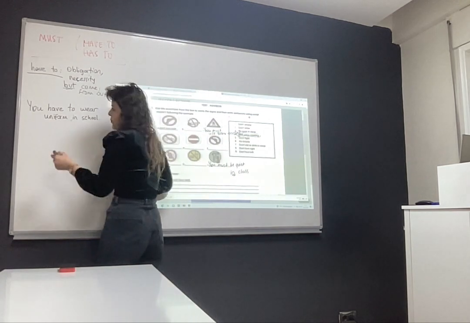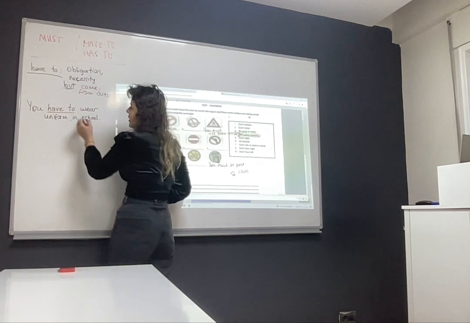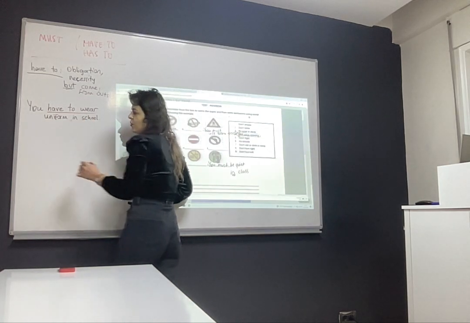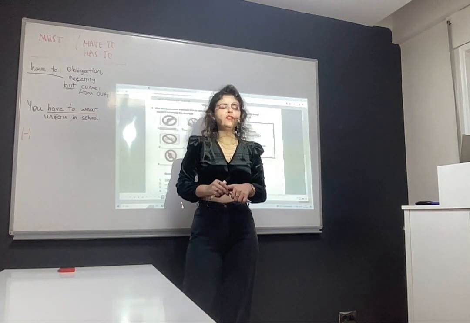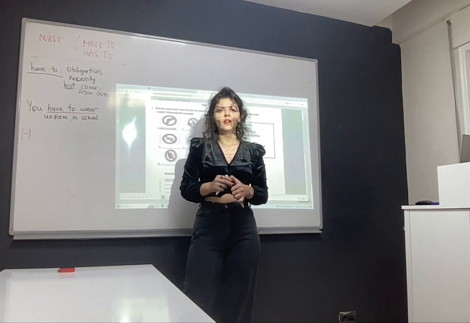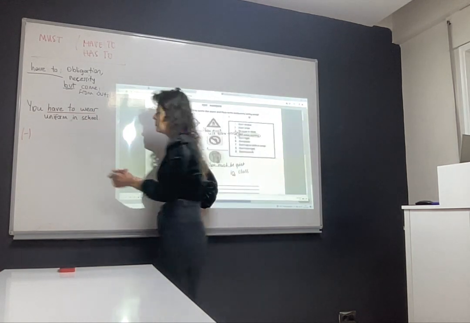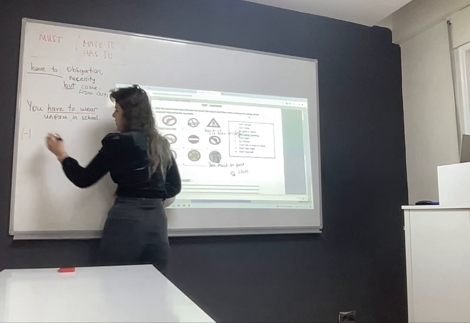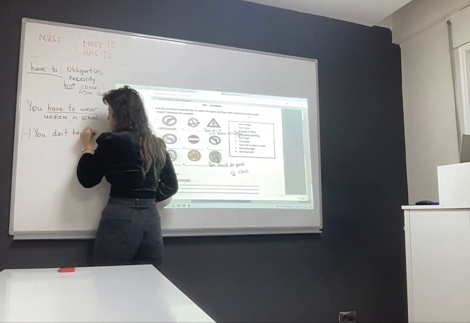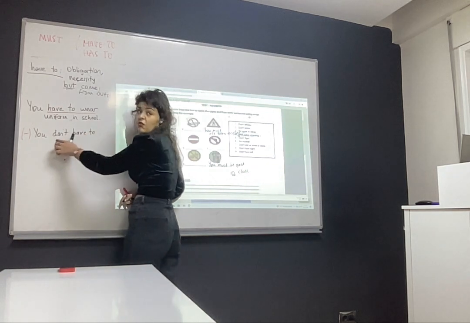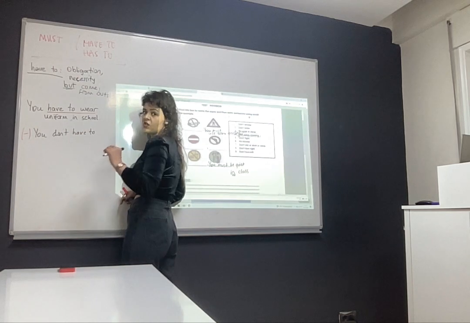For a positive one, we say have to wear. For a negative one, for example, you don't have to wear uniform at home. You don't have to. This is our auxiliary verb. That's why I told you at first, have to isn't an auxiliary verb.